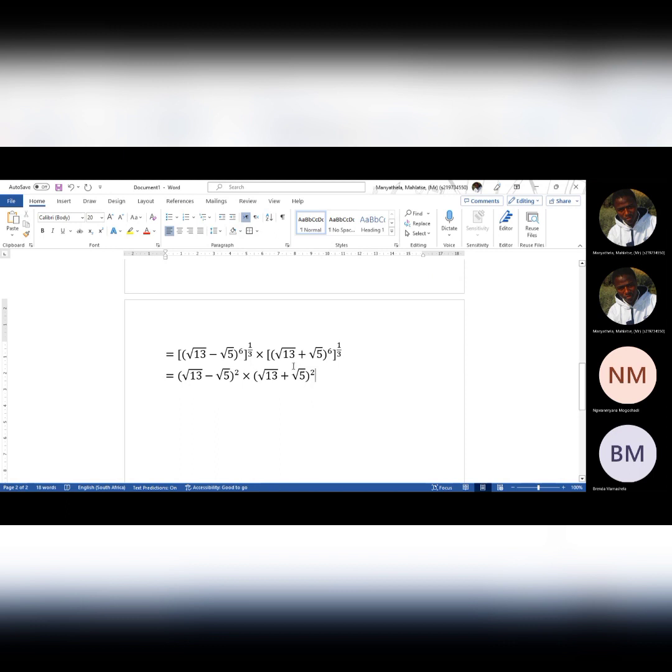So the equation, we are expanding this thing, for those who do not understand. It's raised to the exponent 2.